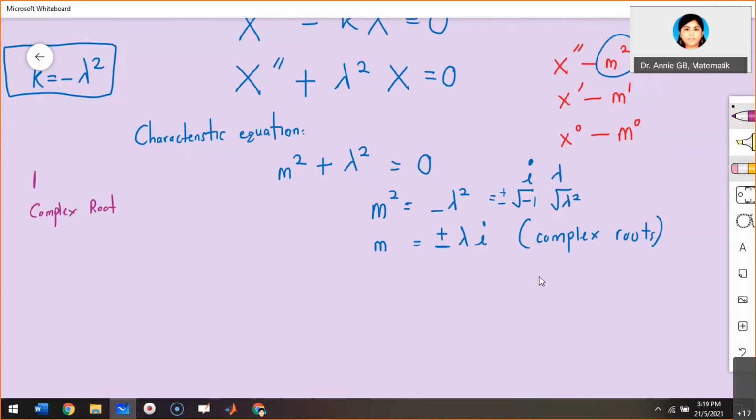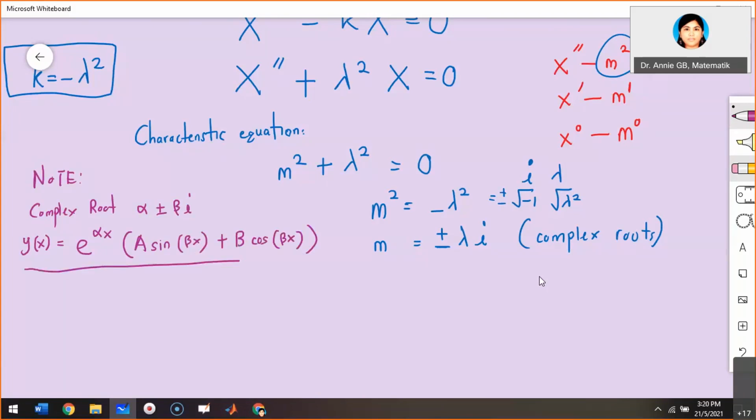So note catatan saya adalah kalau di complex root alpha plus minus beta I kan, so kita punya solution y of x equals to exponent alpha x, a sin beta x plus b cos beta x. Betul ke? Macam ni? Setuju tak kalau dia complex root?